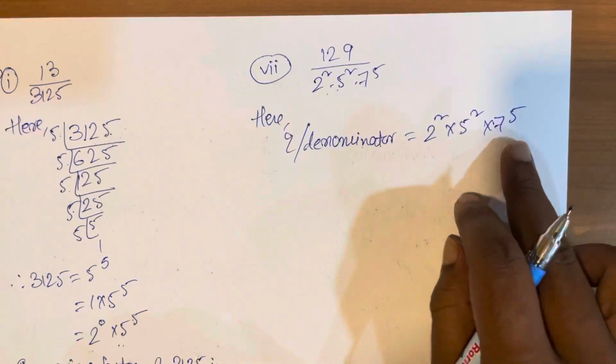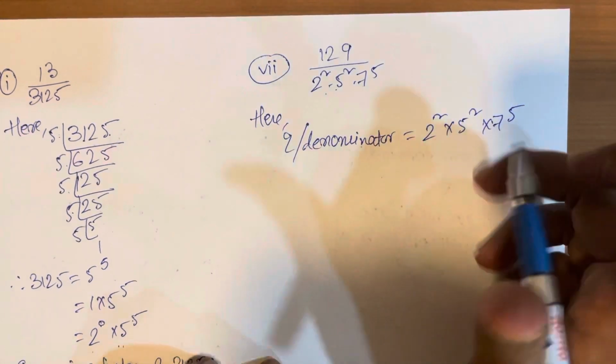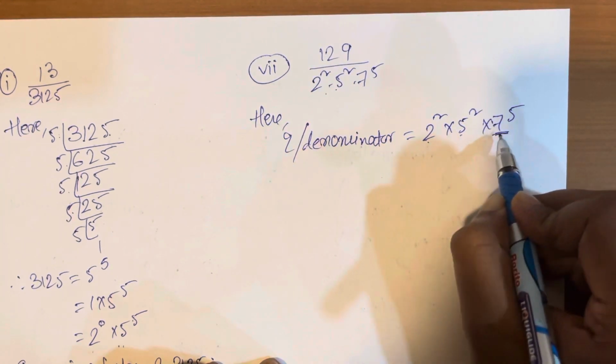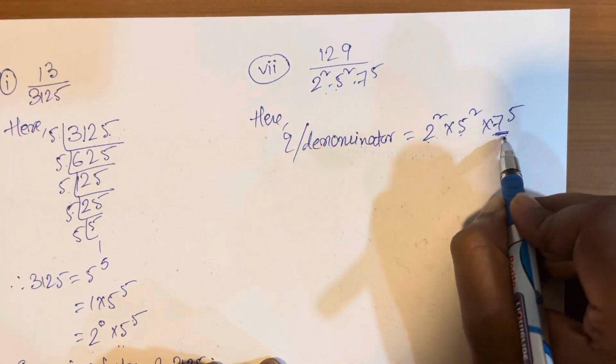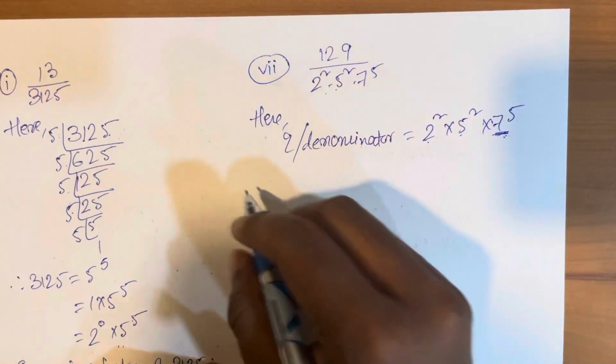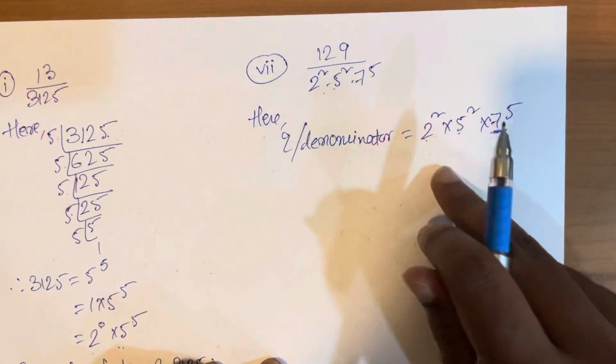So these are the prime factors 2, 5 and 7. If it is only 2 and 5, then it will be terminating. But since it contains 7, other than 2 and 5, there is an extra number, that is 7. So since 7 is also a factor of the denominator, therefore it will not be a terminating one, it will be a non-terminating one.